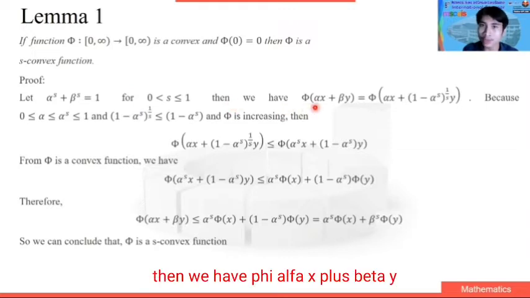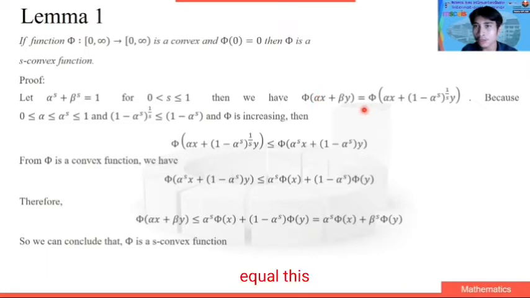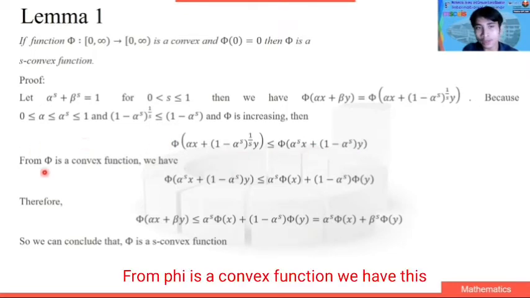Then we have phi(alpha x plus beta y) equal this. Because of this and phi is increasing, then we have this. From phi being a convex function, we have this.